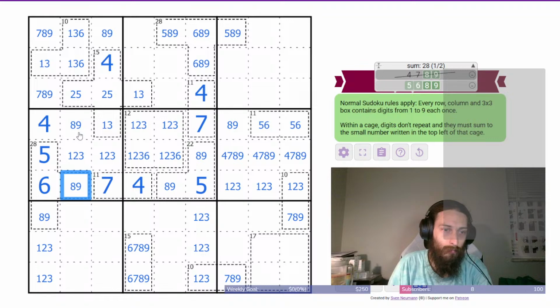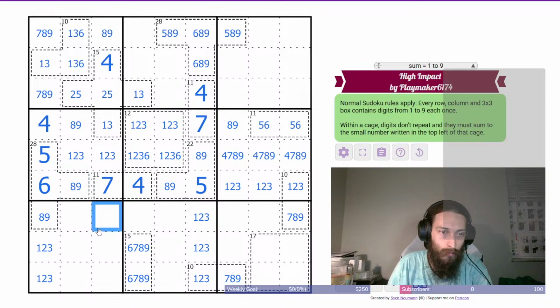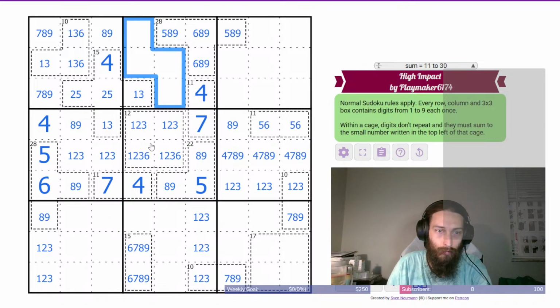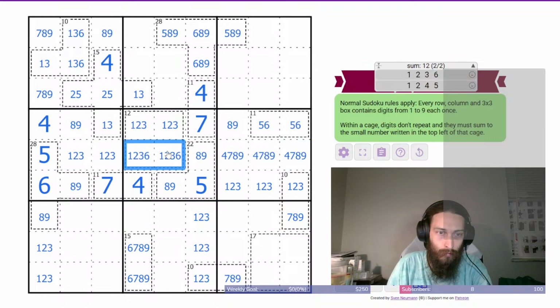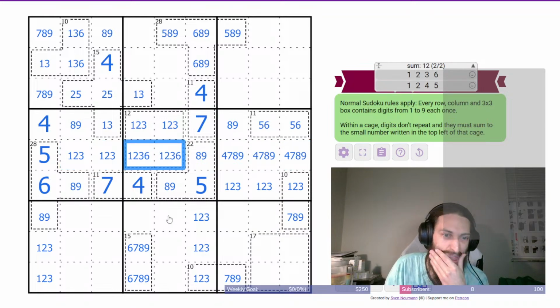This is not. Row 5? Oh, never mind. The 6, it doesn't matter. I just answered myself.